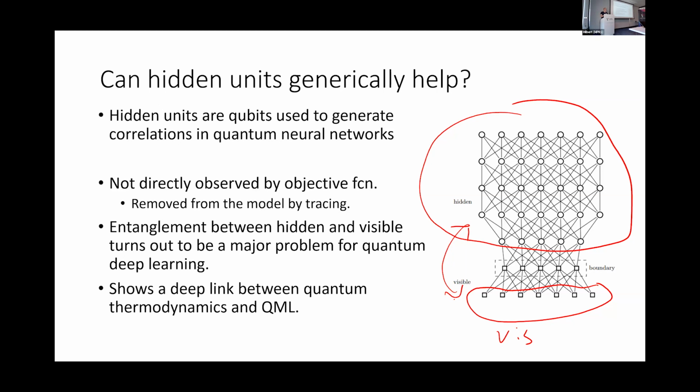So if we follow the same pattern that everybody follows in ordinary machine learning, and say, okay, I'll just put some randomized gates in here, I'll get a huge amount of entanglement. Entanglement's a good thing, right? Well, then when we throw away all those hidden units, most of the information is non-locally stored over the entire network if you've got entanglement. So throwing away the hidden units actually throws away most of your information.